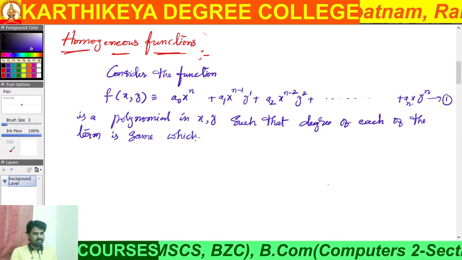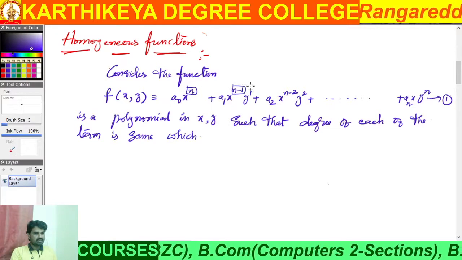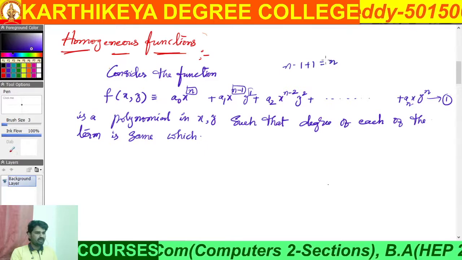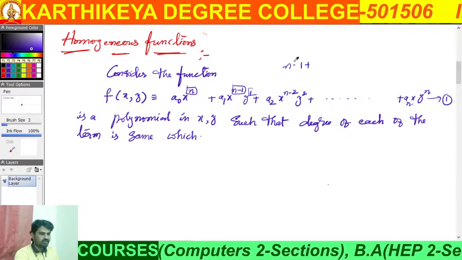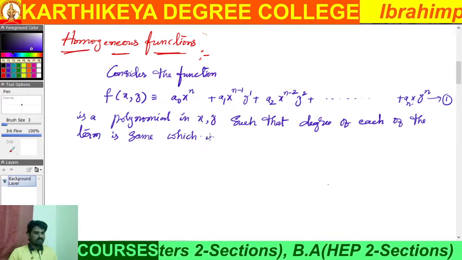What is the degree? The first term degree is n, the second term degree is n minus 1 plus 1, and n minus 1 plus 1 means you will get n. So every term contains the same power, which is n.